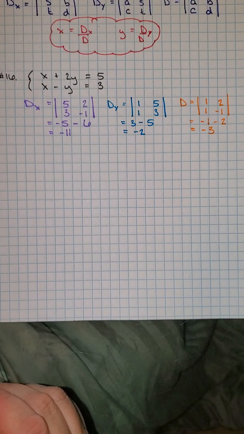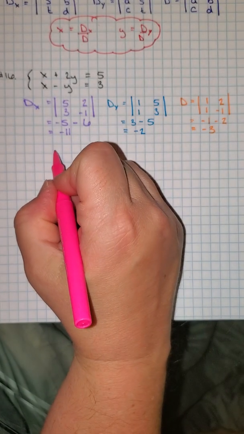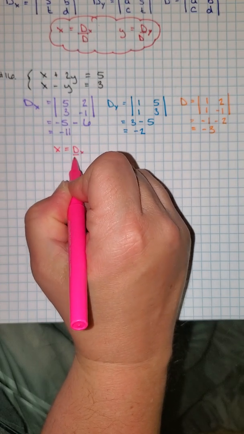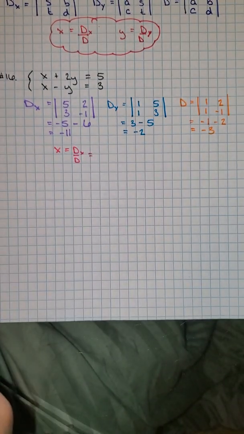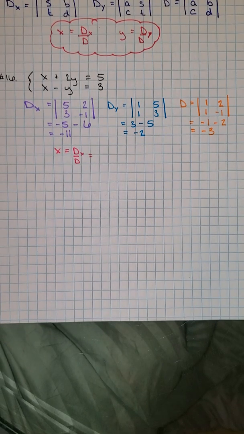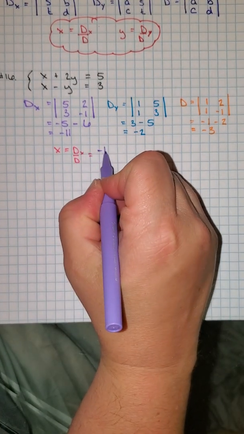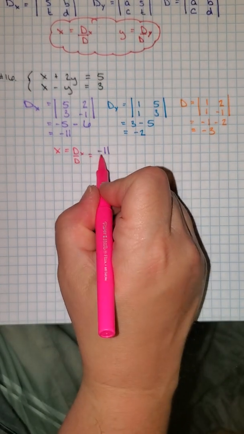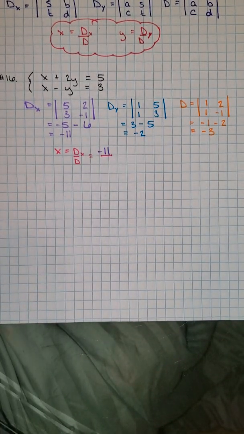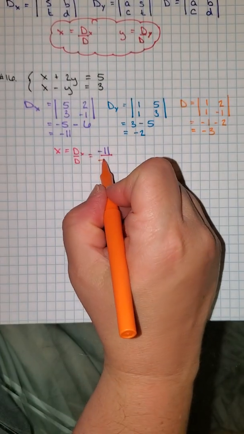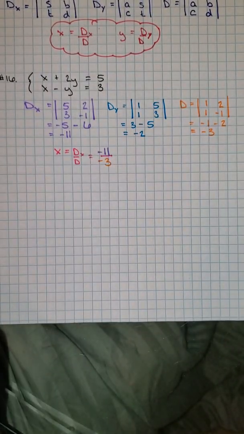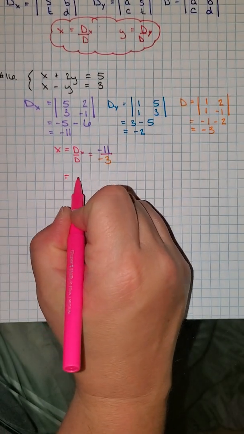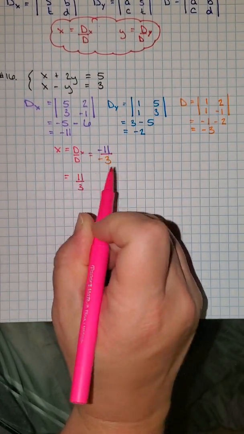Alright, so now to find our actual x and y. X, remember, is d sub x over d. So x would be our d sub x, which is negative 11, over our d, which is negative 3. So x is negative 11, or sorry, it would become positive. So x is 11/3.